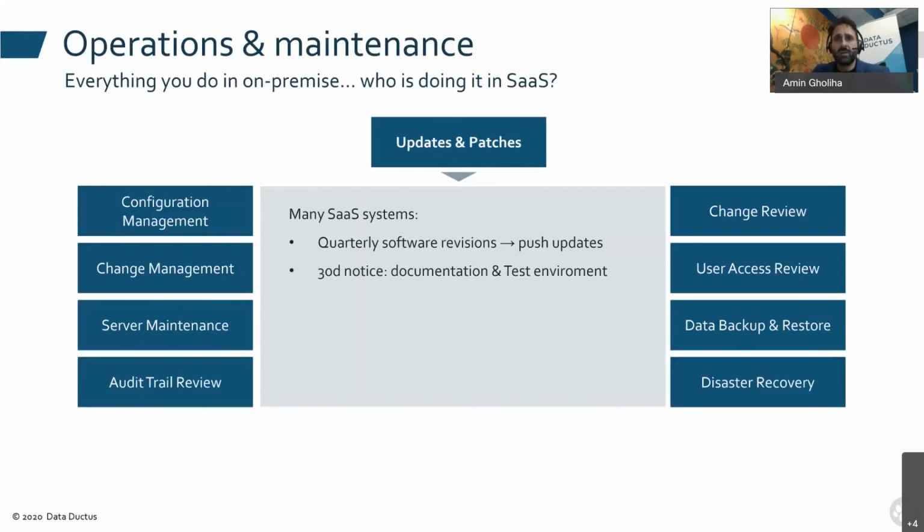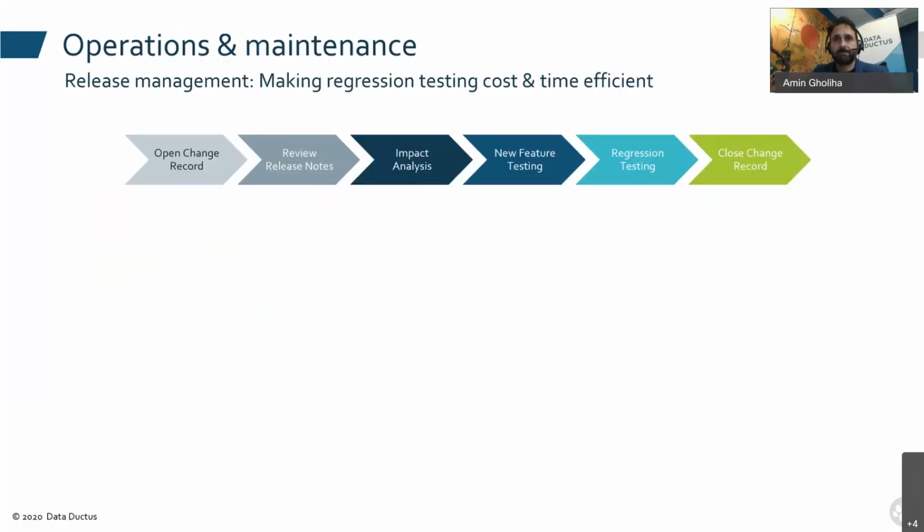And many times the cloud vendors come with quite big quarterly software revisions and push updates into the system. They push you some documents, and you have 30 days to manage that and review the documentation and try to keep up and have a validated system in place, basically.